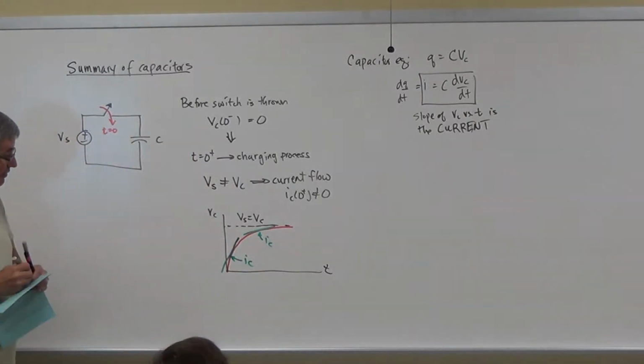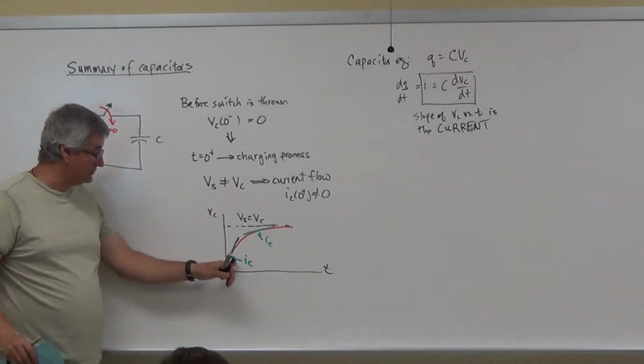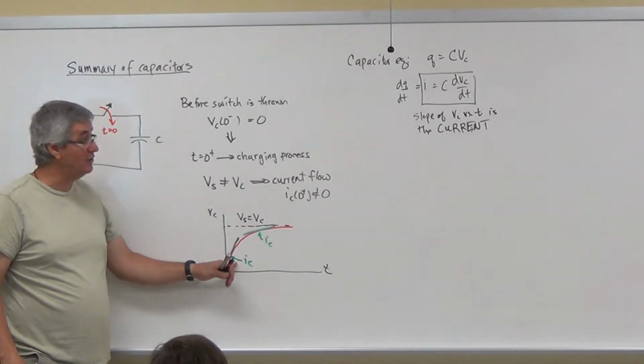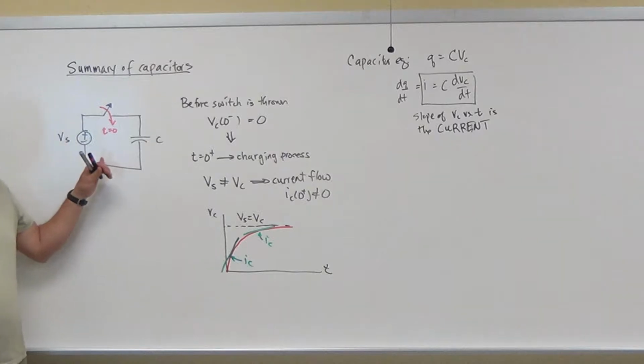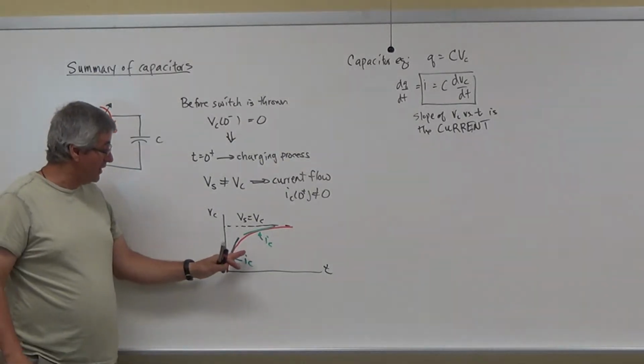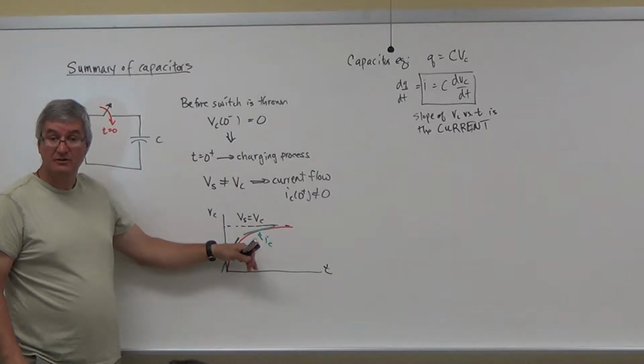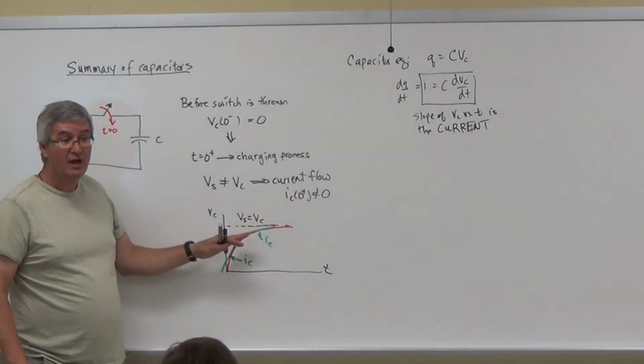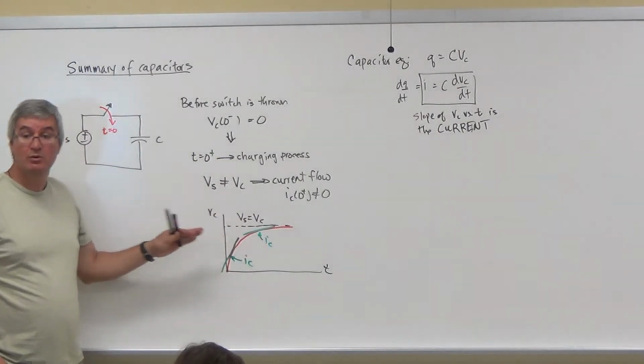And what you're seeing is that if I look at that slope in the initial stages, it changes very, very quickly. And if it changes very quickly, then the capacitor charges up very quickly. As time goes on, you can see the slope is lower, so it's charging at a slower rate.